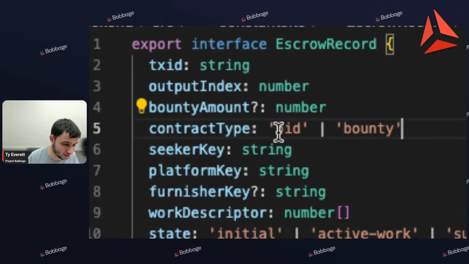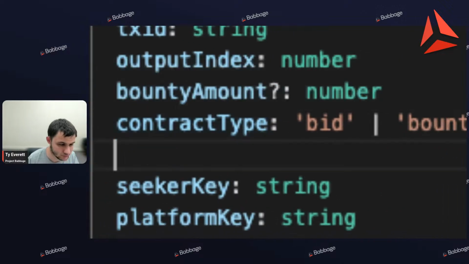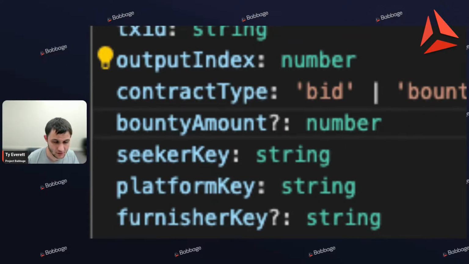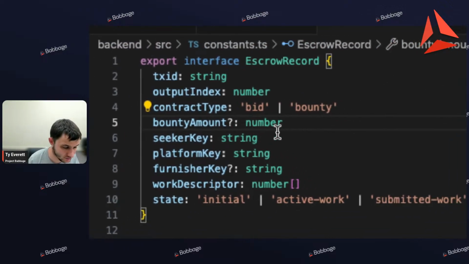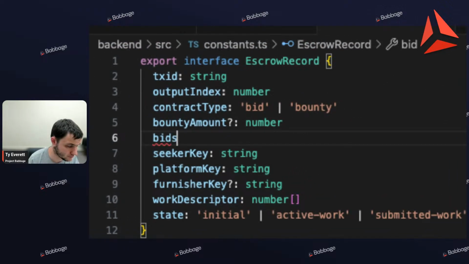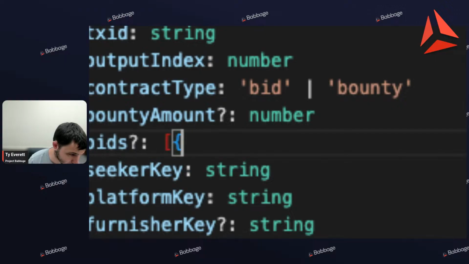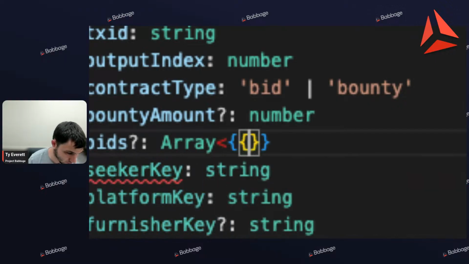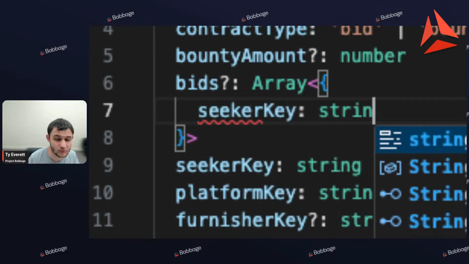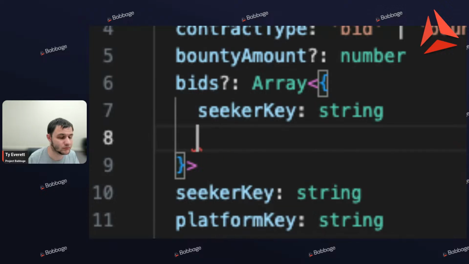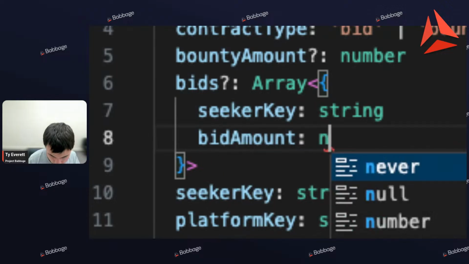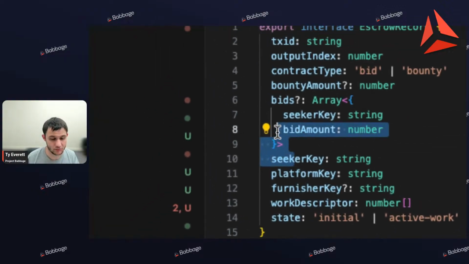You got bids and bounties. And if you're going to have bids, each one is from a person who has an amount on the bid.